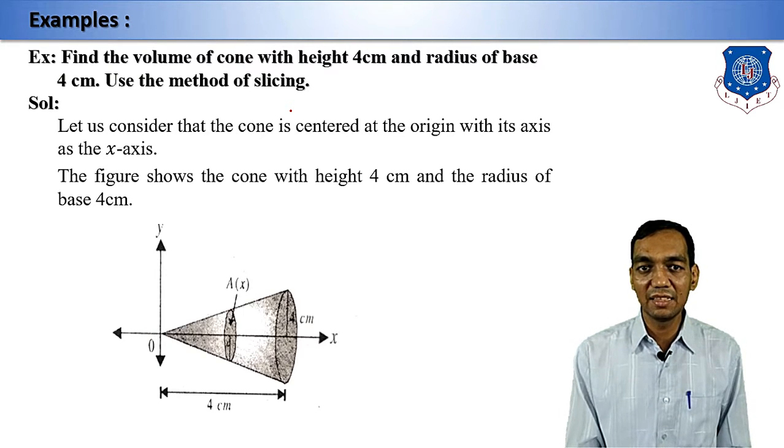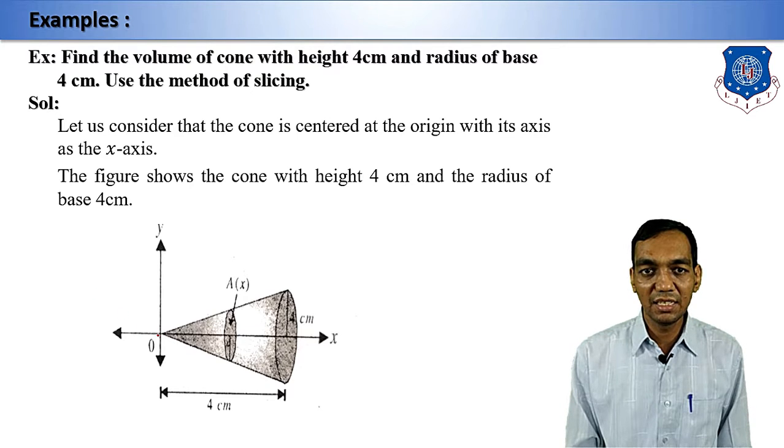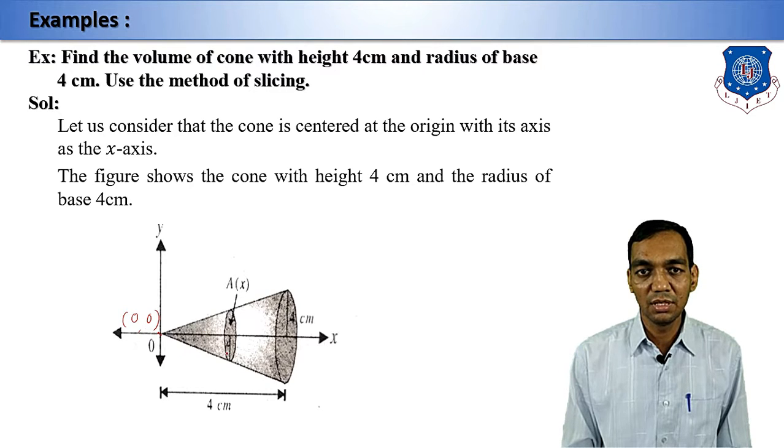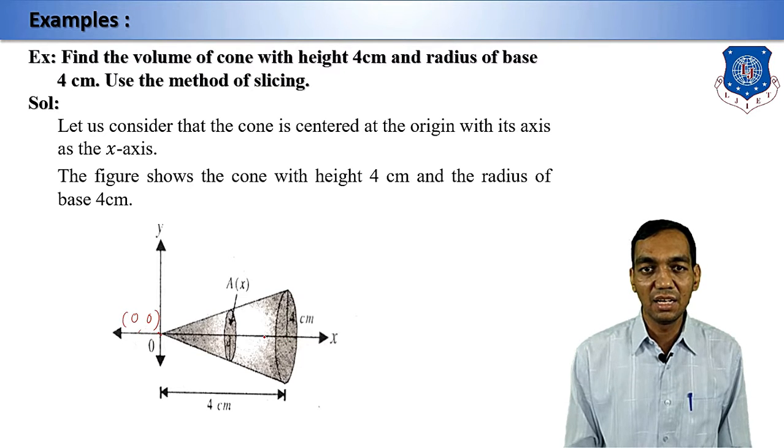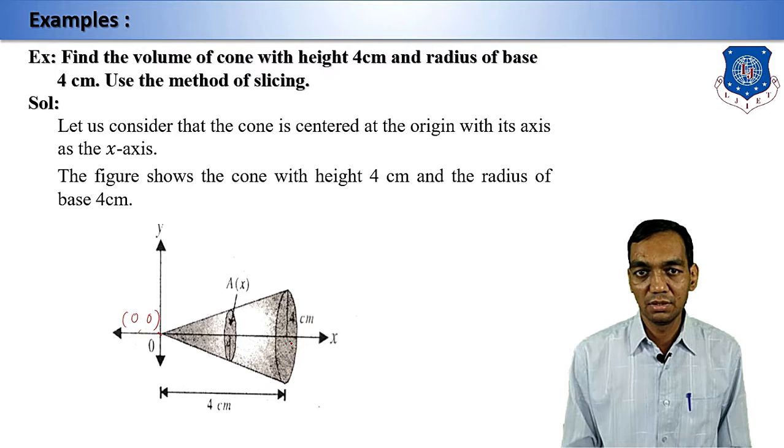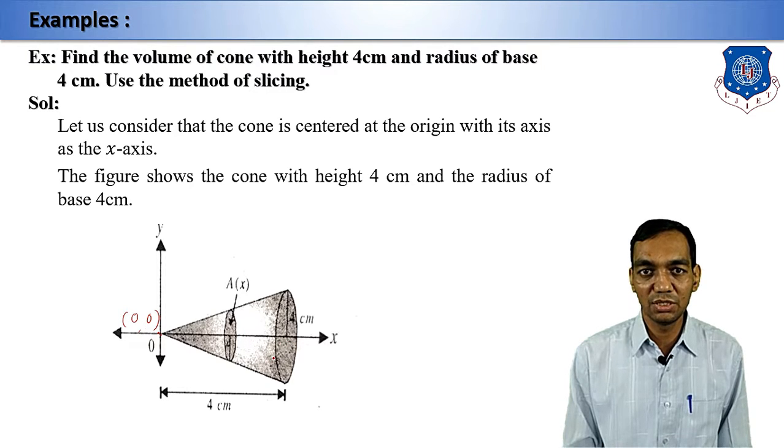So the figure is like this. Here we consider this as the 0, 0 point in the xy plane, and this is the cone. In three dimensions, the center line lies on the positive x-axis. That means the line from where we consider the radius lies on the positive x-axis. So this height is 4, and this height is also 4, so you have a 4:4 ratio.